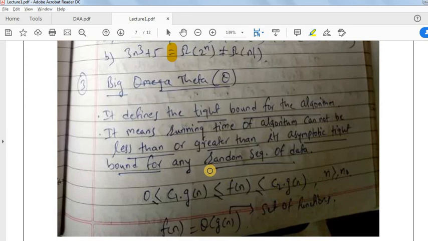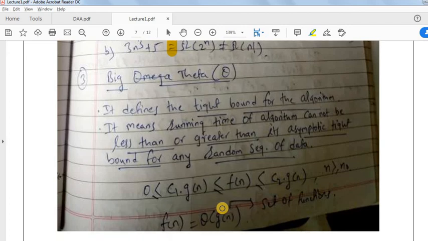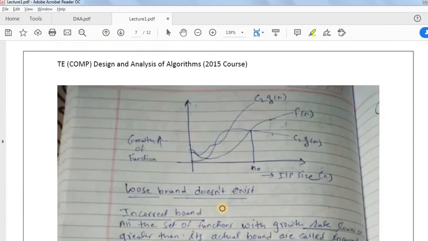asymptotic tightest bound. 0 less than or equal to c1 g of n, which is less than or equal to f of n, less than or equal to c2 g of n, where n is greater than or equal to n0. So this is denoted using the symbol f of n is equal to theta g of n. Whenever there is usage of theta, that means f has to be equal with g. f will lie in between c1 g and c2 g of n, where c1 and c2 are constants.